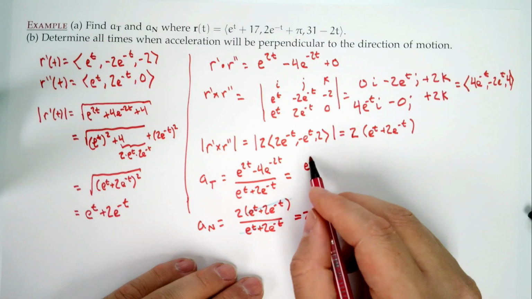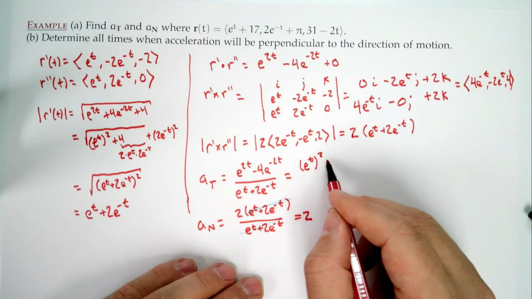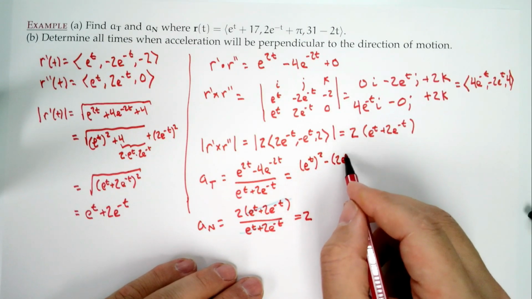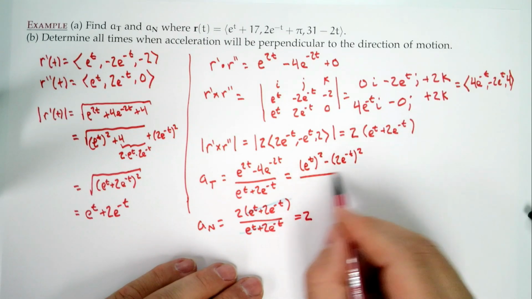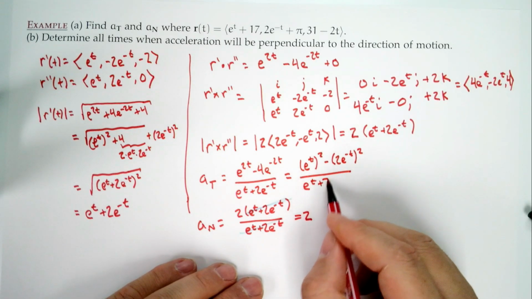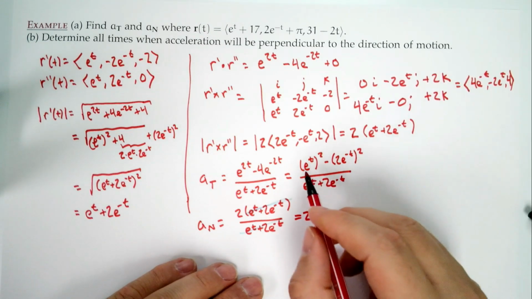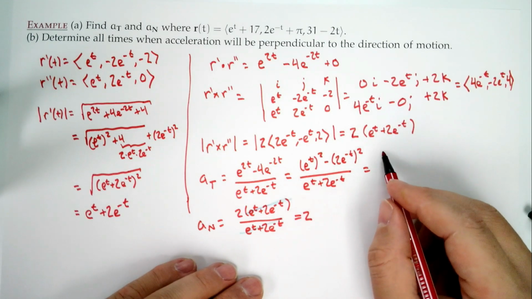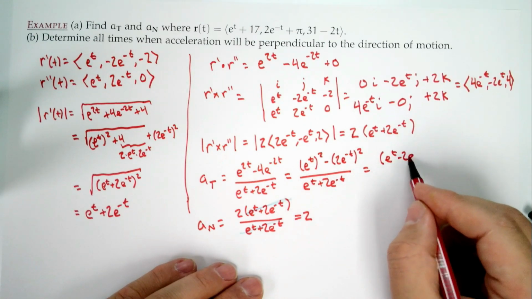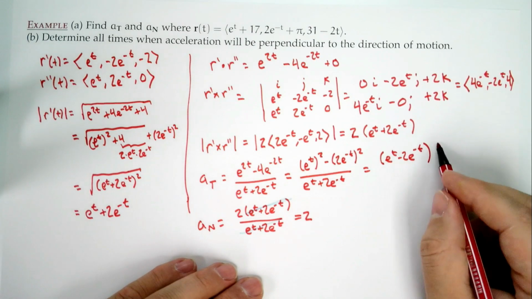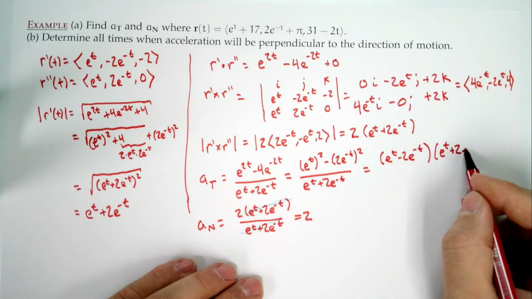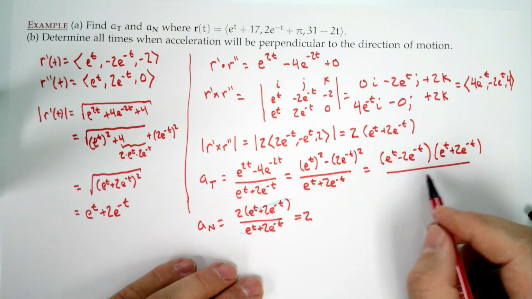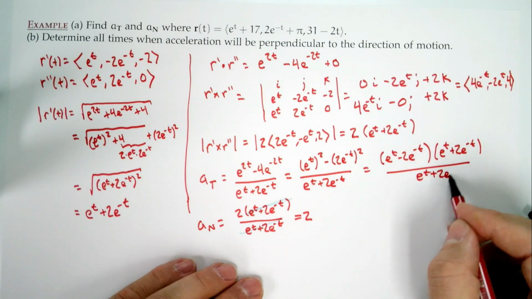Upstairs. See, that's e to the t quantity squared minus 2e to the negative t quantity squared, which means I have a difference of squares. So if it's a squared minus b squared, I can write this as a minus b, and then I can multiply as a plus b, divided by e to the t plus 2e to the negative t.